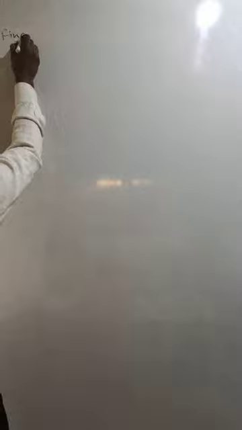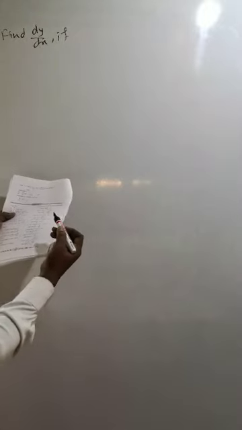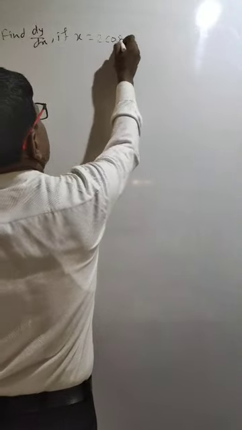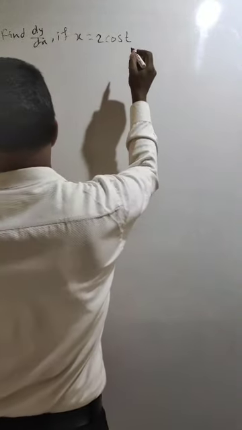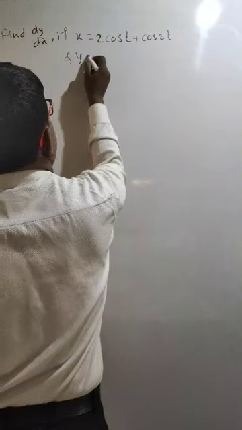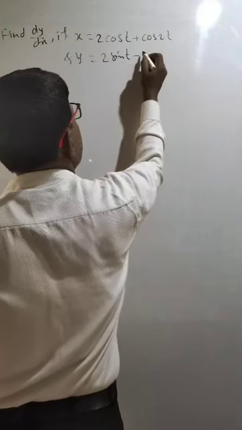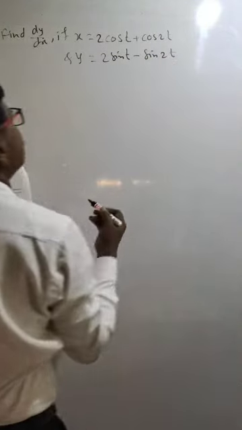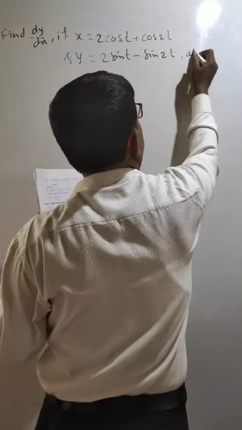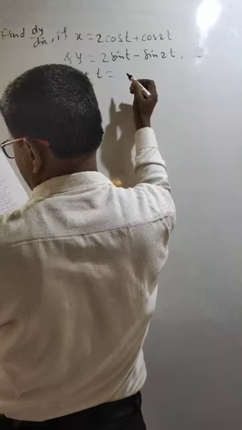Find dy by dx if x equal to 2 cos t plus cos 2t and y equal to 2 sin t minus sin 2t, at t equal to pi by 4.